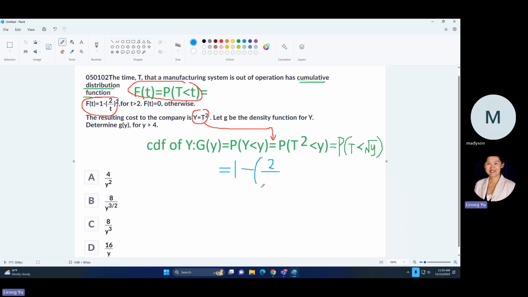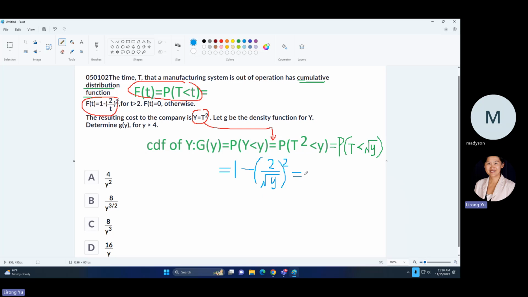In this case, it is root of y, so 2 over root of y, squared. Whatever that t is, right now t is root of y. So we follow F of t to get this probability calculated.